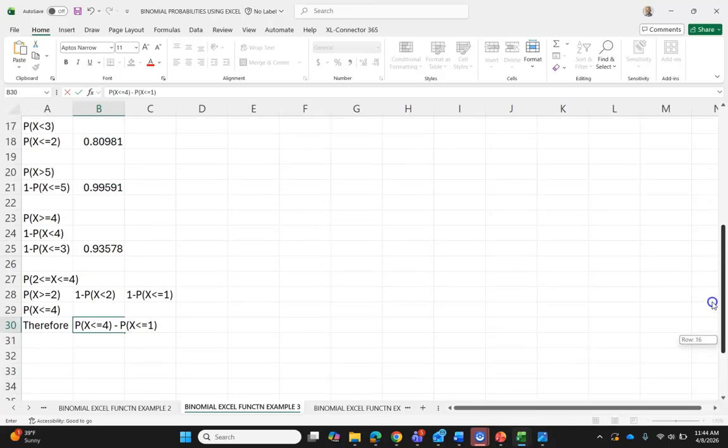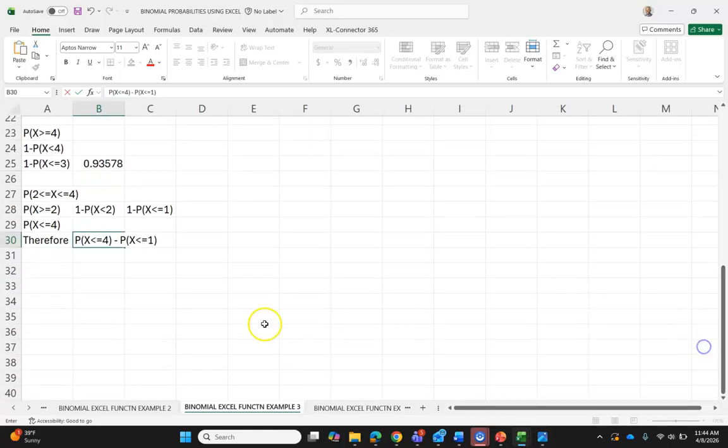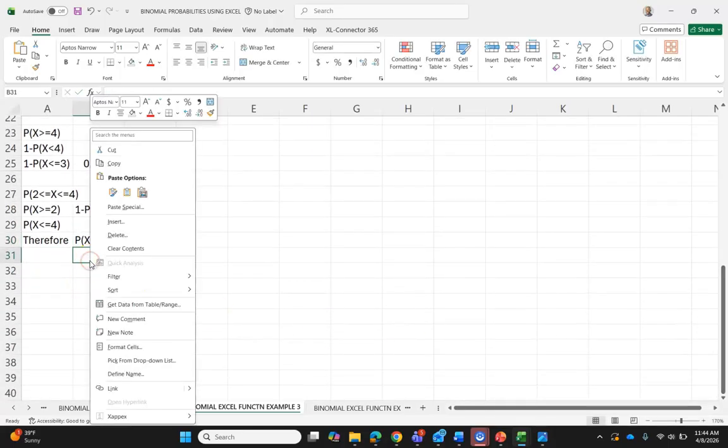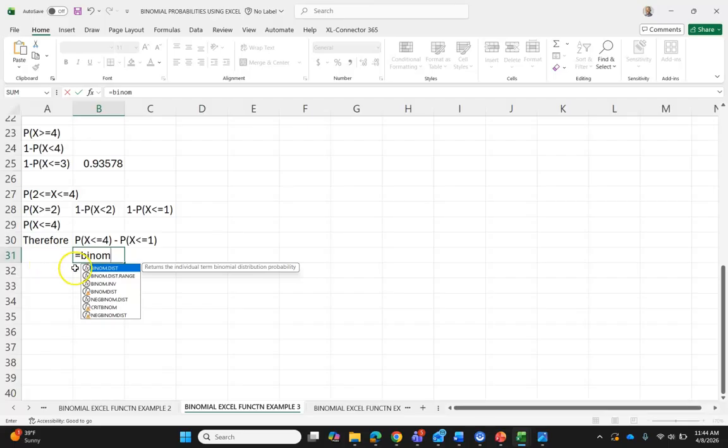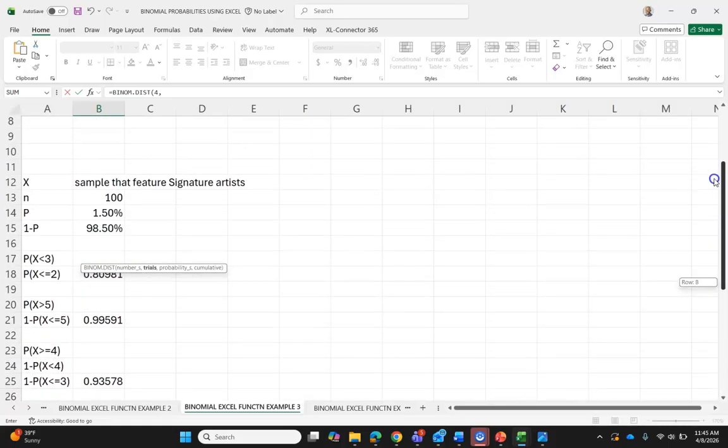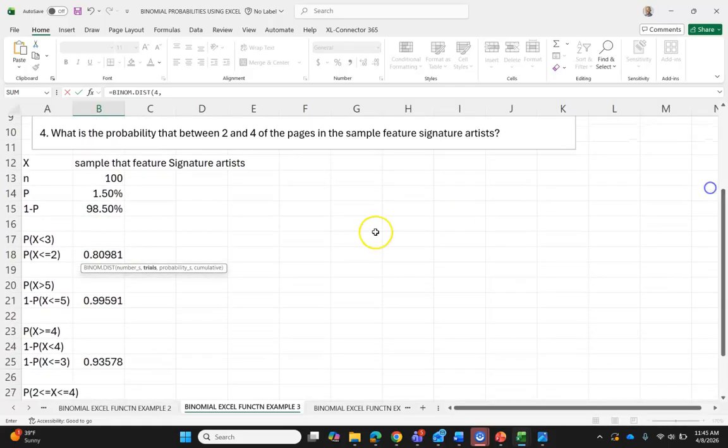So by doing so, then we will use the binomial dist function, and I'm going to put equal sign and type binomial dist. We're going to start with this one, and so the number is 4, and the number of trials in this case is 100, put comma.